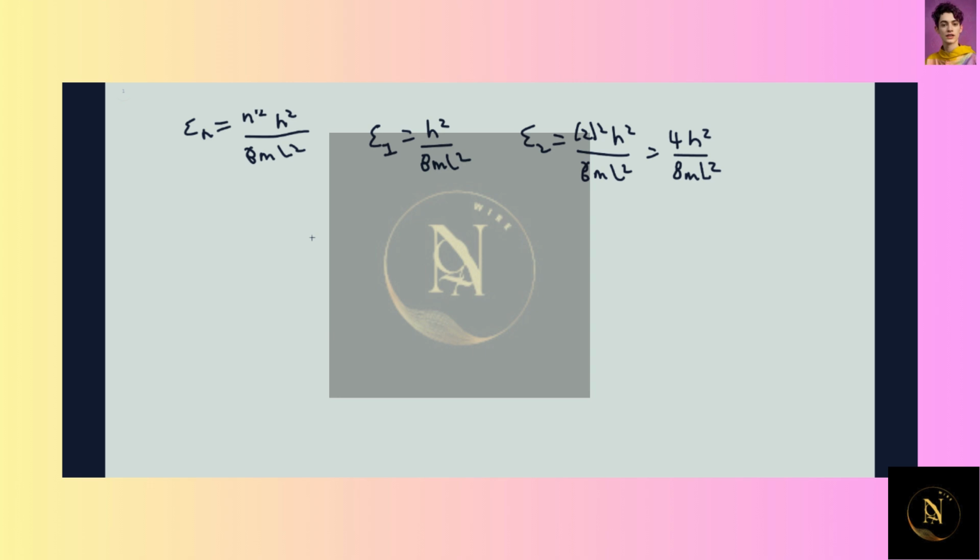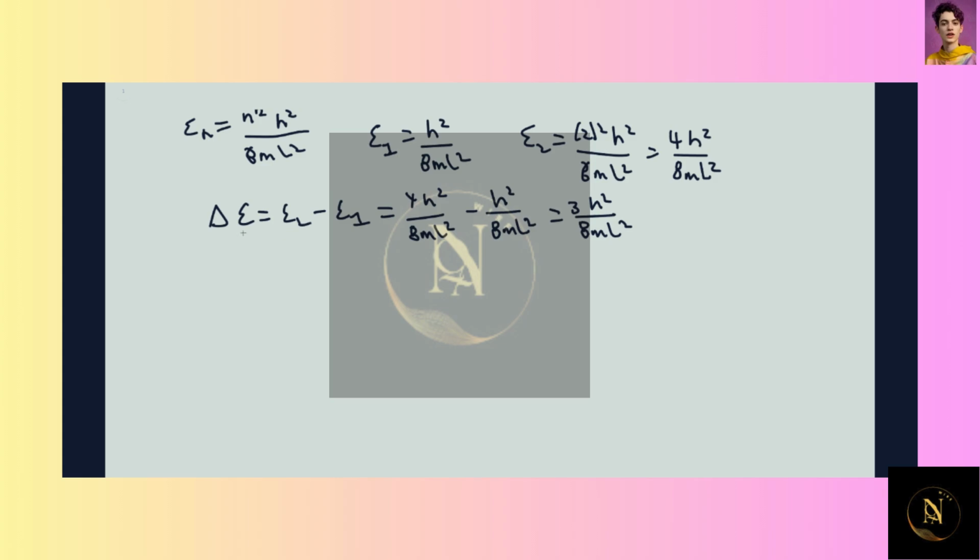All right, so now this 3.0 electron volts is the amount of energy it takes to excite the transition from the ground state to the first excited level. So that's the difference in energy between these two levels, which is equal to E2 minus E1, which is equal to 4h squared over 8 m L squared minus h squared over 8 m L squared, which is equal to 3h squared over 8 m L squared.